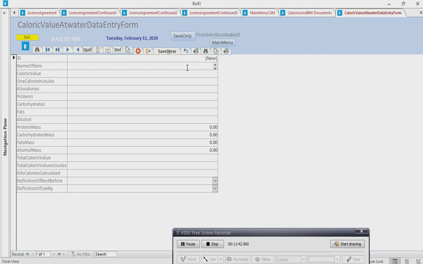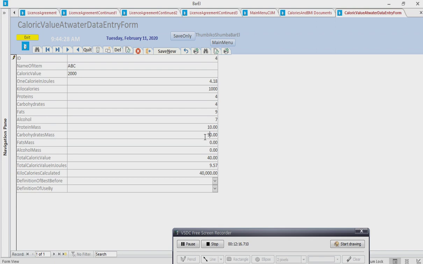Let us say the name of the food item is ABC and its calorific value is 2000. Then let us say the protein mass is 10 grams.